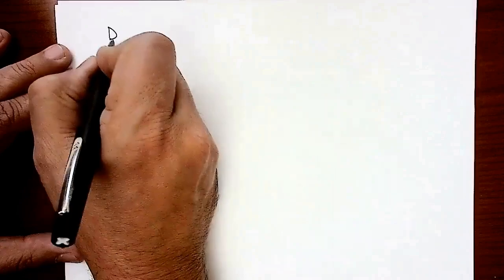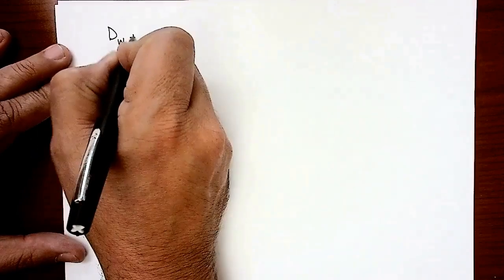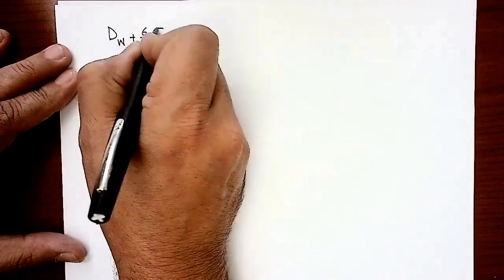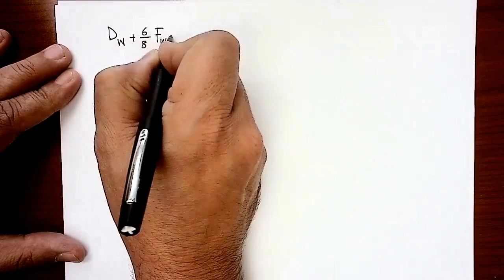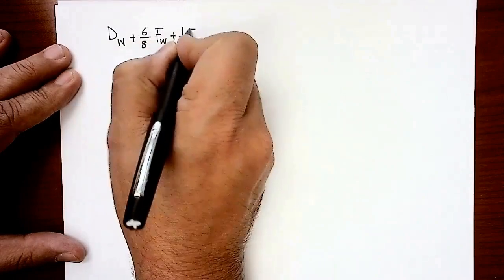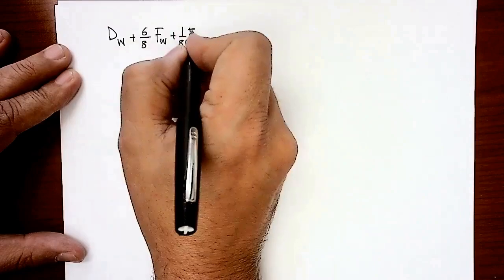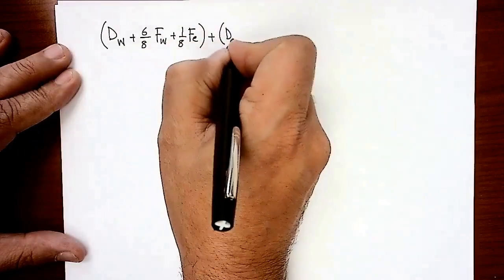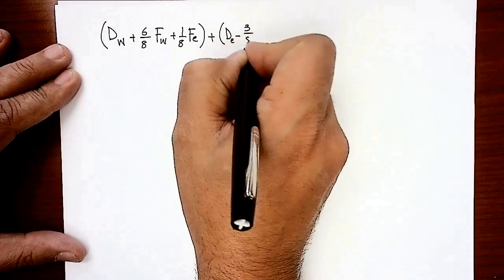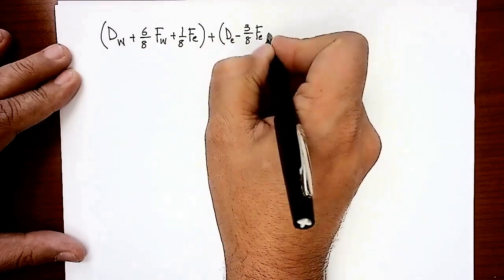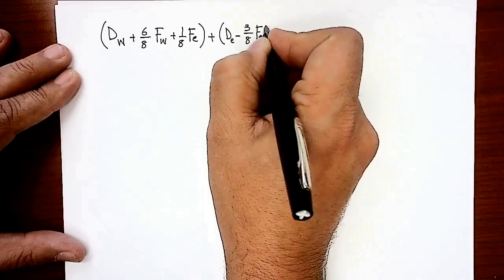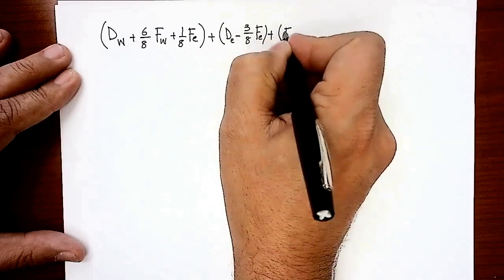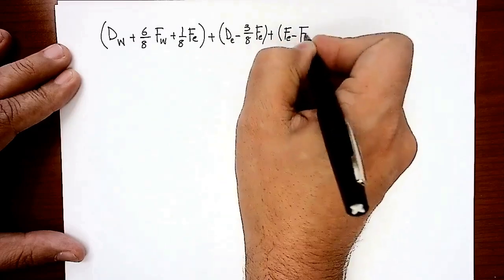I would have D west plus 6 over 8 F west plus 1 over 8 F east, that's one term, plus D east minus 3 over 8 F east, that's the second term, plus F east minus F west.